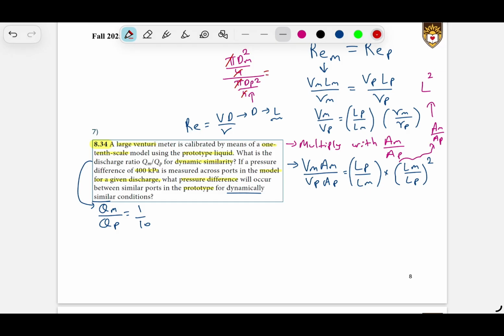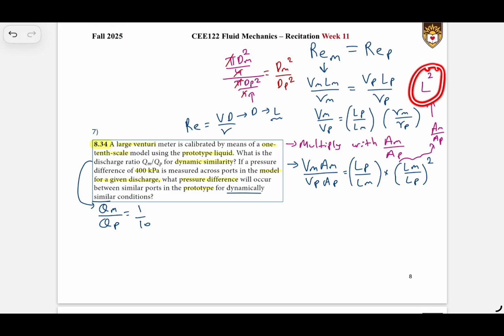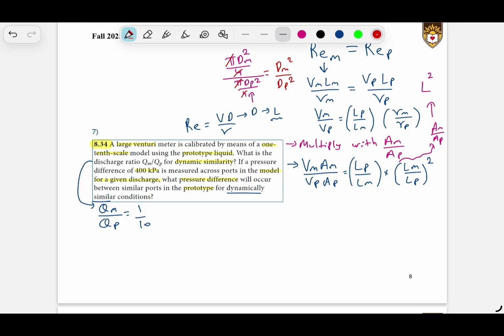And final output, again, same, DM square over DP square. So it doesn't matter if you are taking diameter within a circular shape or if you are taking length or L as your main dimension. So that here we are writing this in the form of LM square over LP square instead of AM over AP.